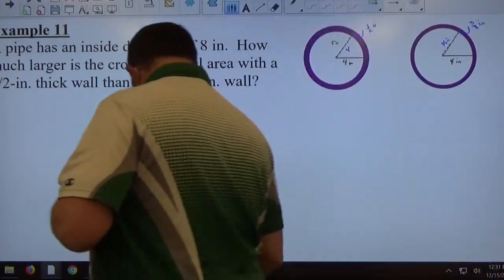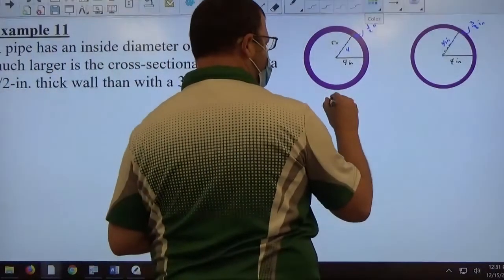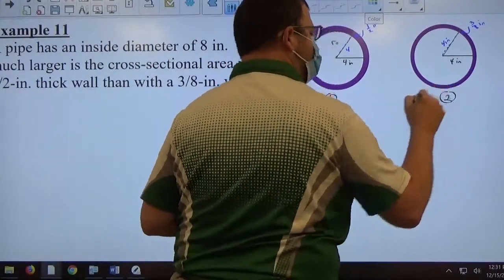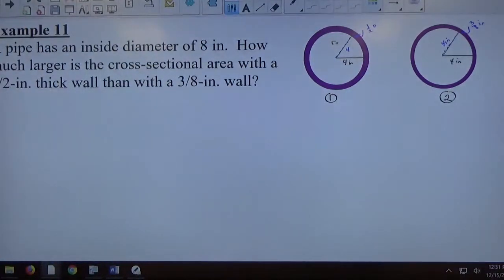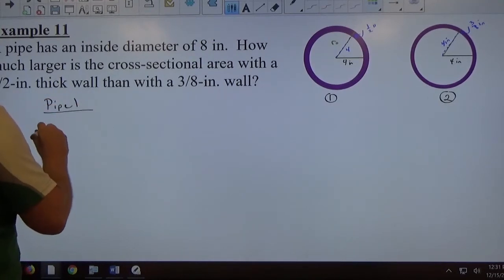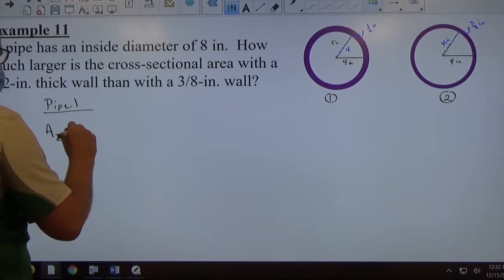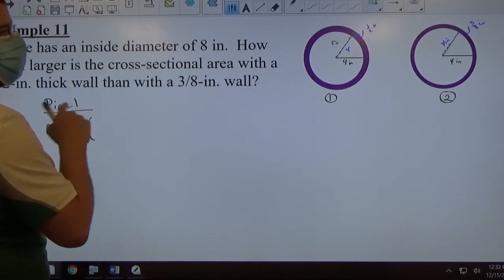All right? So if I look at the first pipe, let's call this pipe 1, we'll call this pipe 2. It says, how much larger is the cross-sectional area? So they're looking for how much larger. We're going to subtract the two areas. We're going to find both areas and subtract big minus small. So if we look at pipe 1, the area of the outside, the area of the big, is going to be pi times its radius squared.